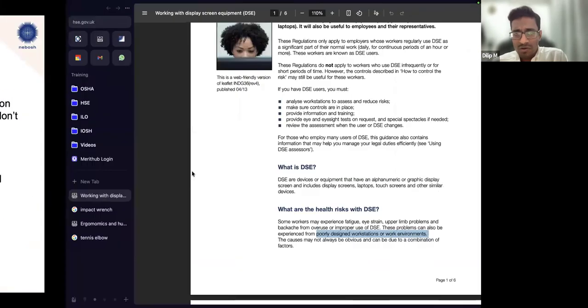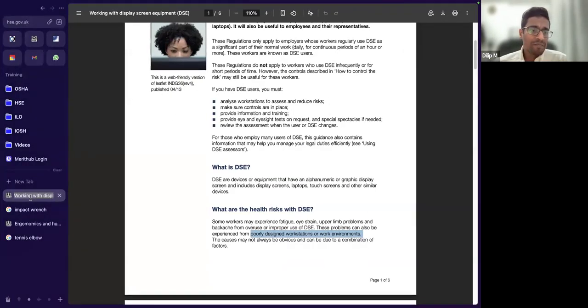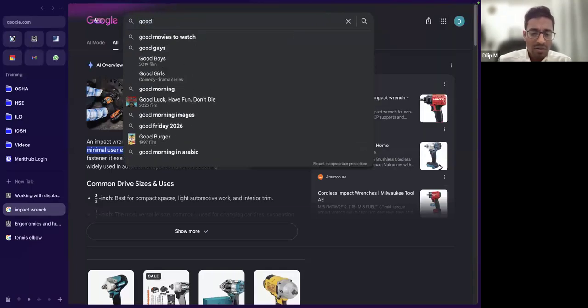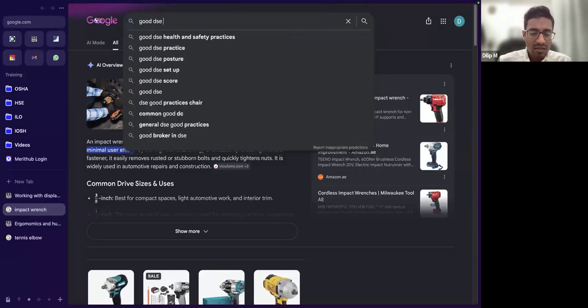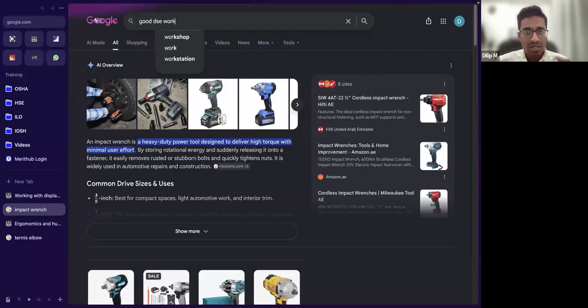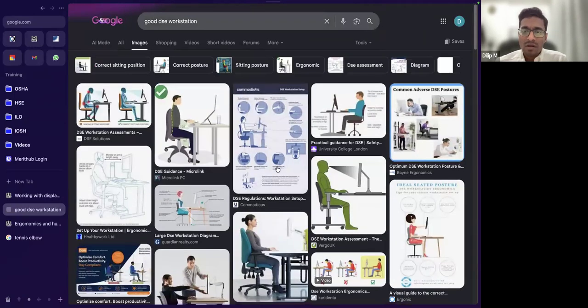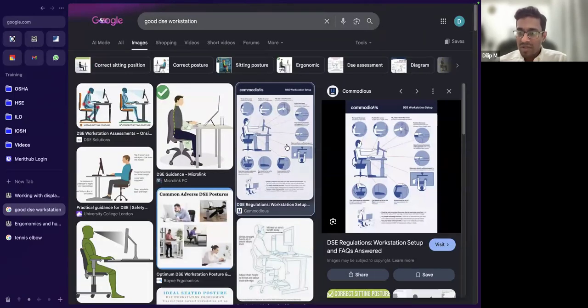Now if you just go to the internet and type good DSE workstation requirements, you could see many images. Again, these show the major points that we have discussed.